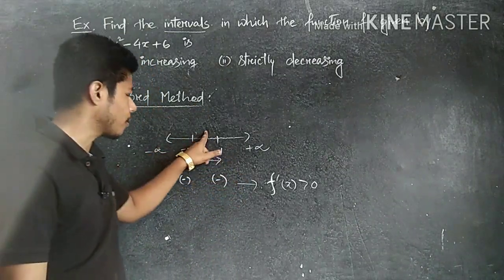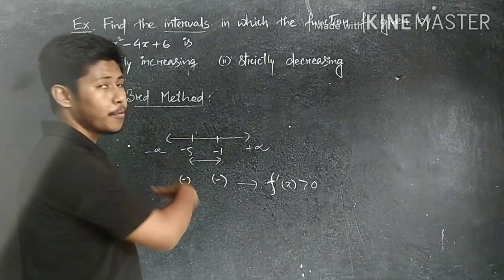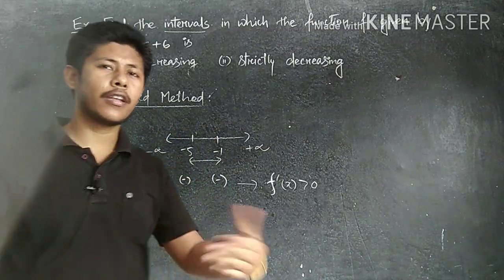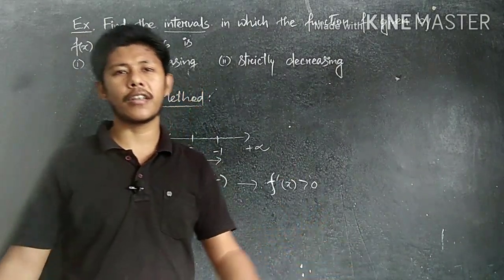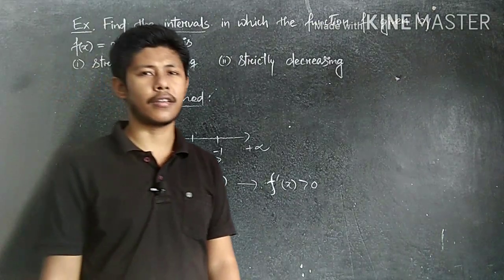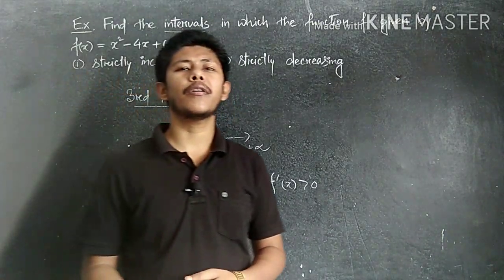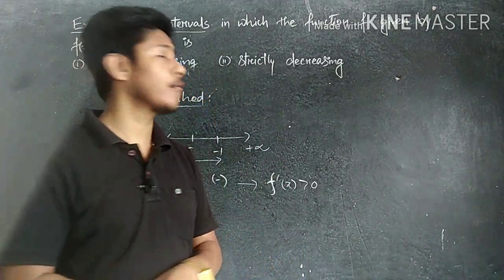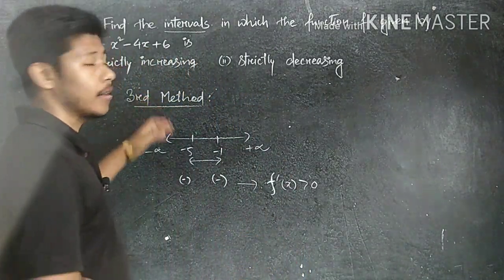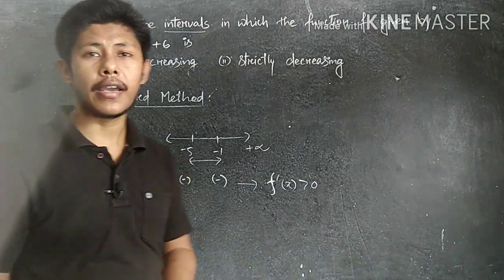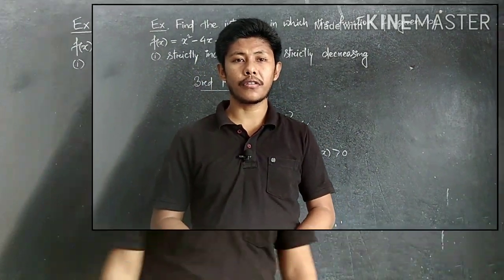If greater than 0, then it is increasing. If less than 0, then it is decreasing. Easily we can say it from here. Is it clear? Very simple. So in this way we can find the interval of given conditions. I think all of you understood this one.